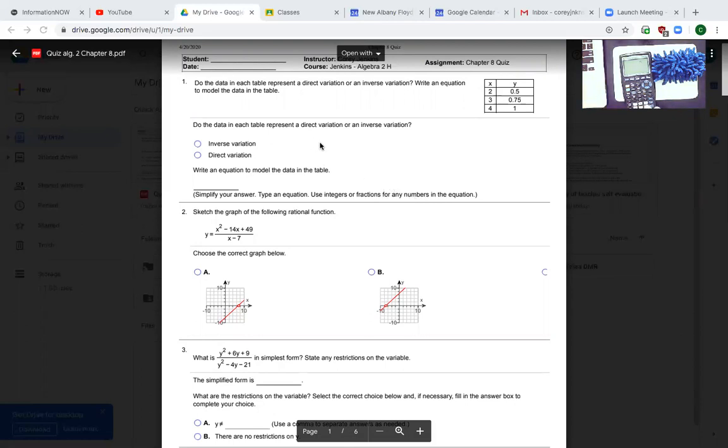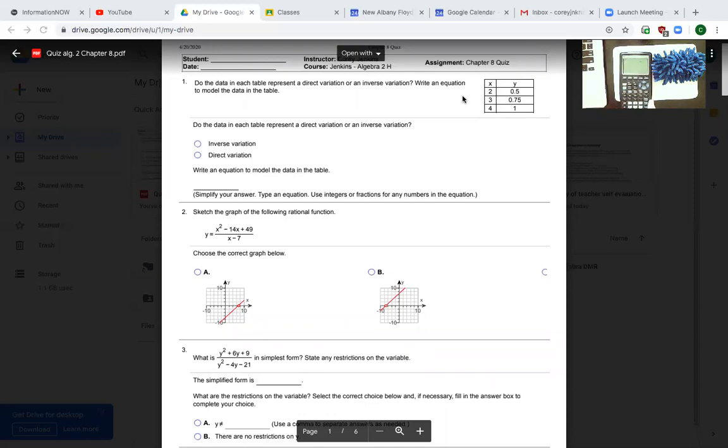But anyways, for the first thing, is it inverse or direct variation? So when I look at the table, I notice that as x is increasing, y is increasing. So that's a hint to me that this is going to be direct variation. So for that reason, I want to check that.